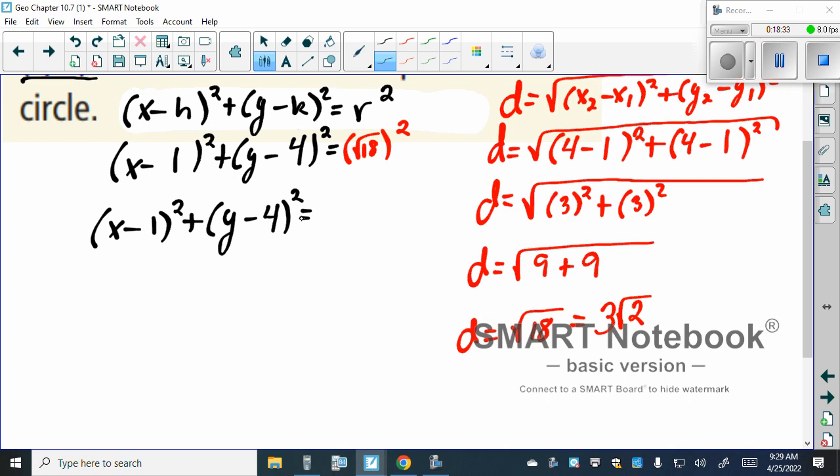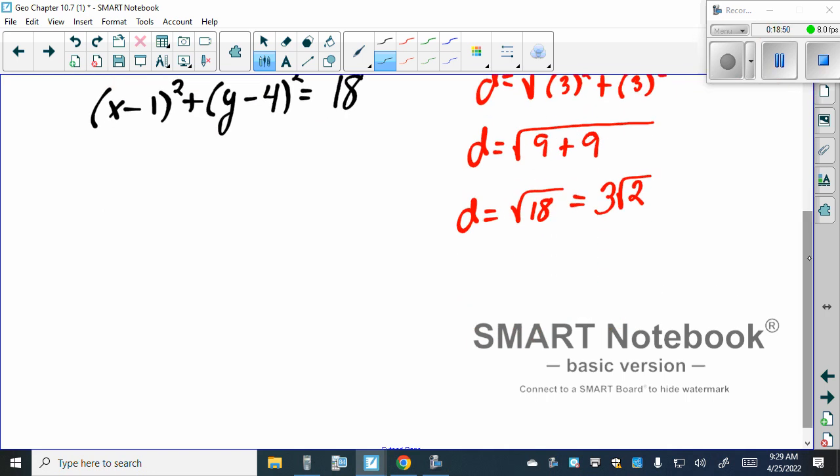What is the square root of 18 squared? Hopefully you don't need a calculator for that. Because the square root and square will cancel, we're just left with 18. If we'd squared 3 square root of 2, 3 times 3 is 9, square root of 2 times square root of 2 is just 2, and 9 times 2 is 18.